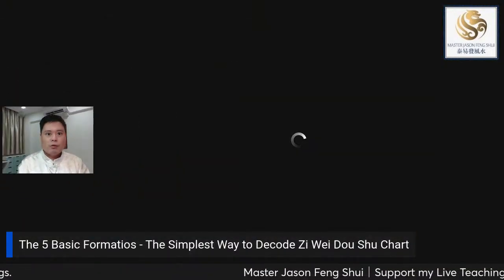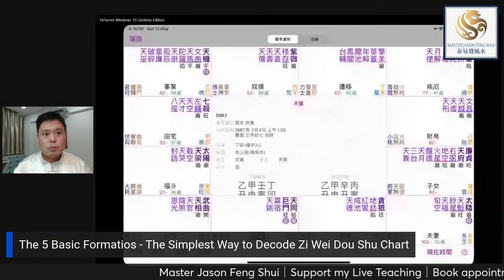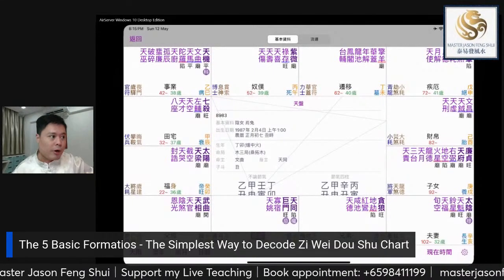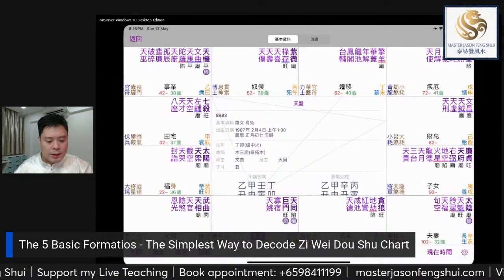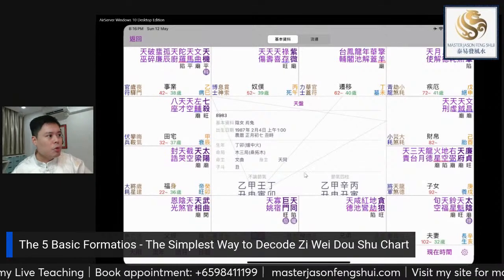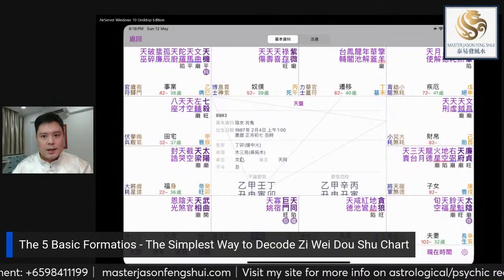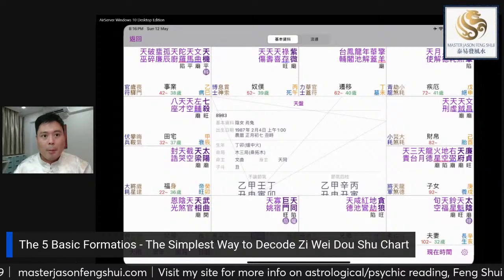For example, right now we are seeing a 紫微斗数 birth chart. Whenever you open a 紫微斗数 birth chart, you will see something here that reads 木三局. This person is having the wood formation.